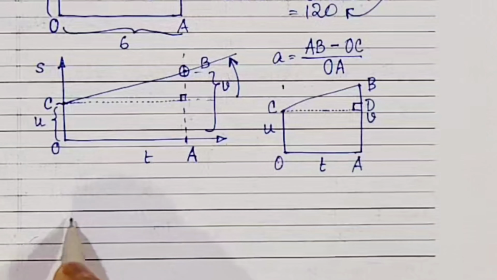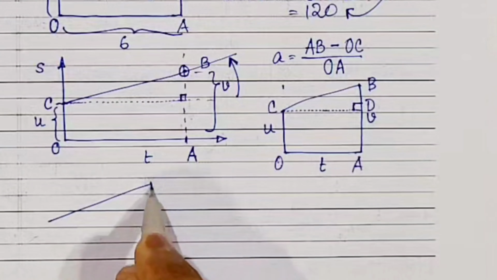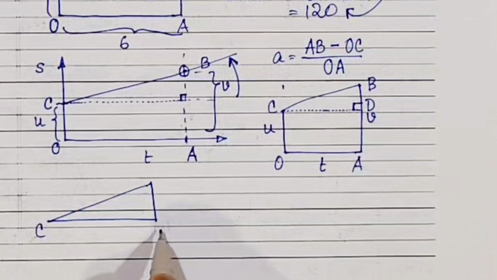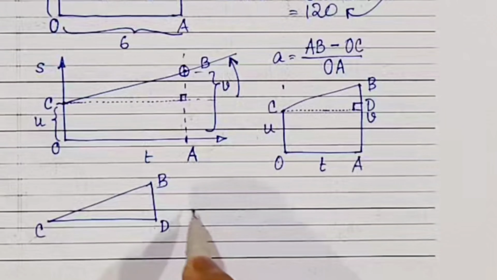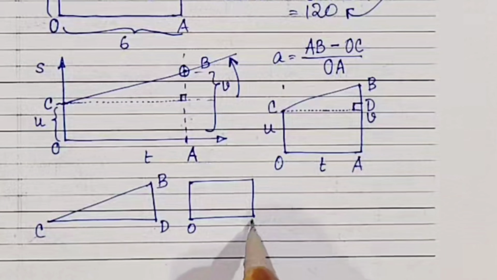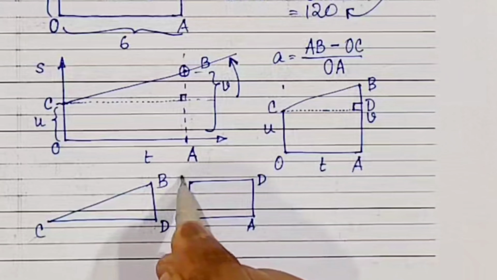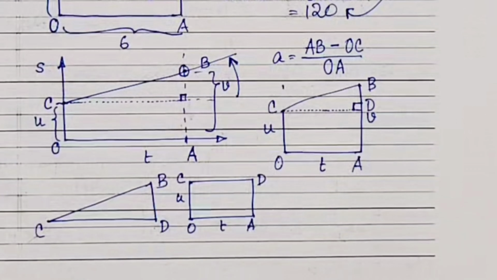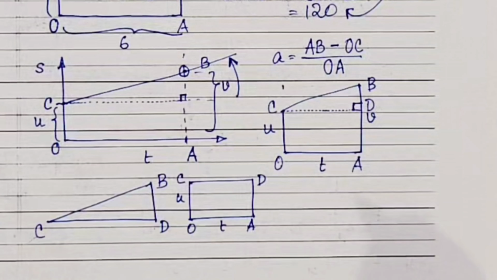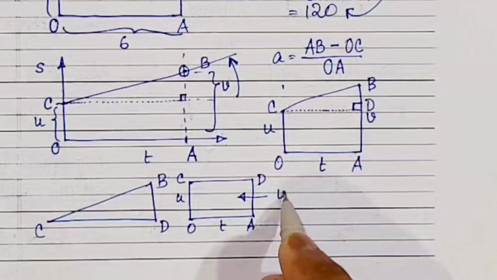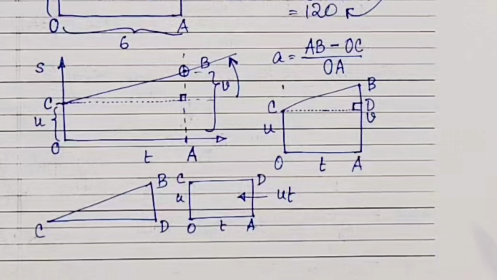So right now we have a triangle CDB and a rectangle OADC. In OADC, the sides are U and T. So what is the area of this rectangle? The area of this rectangle is UT.